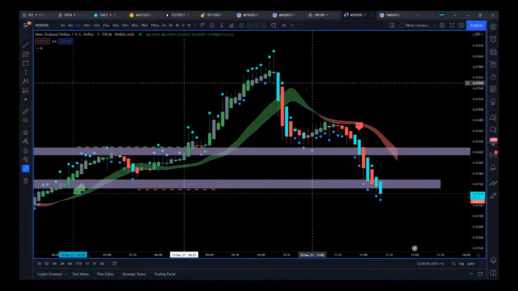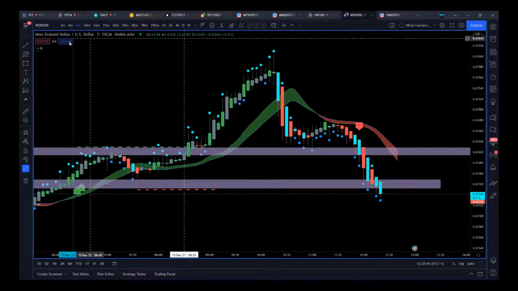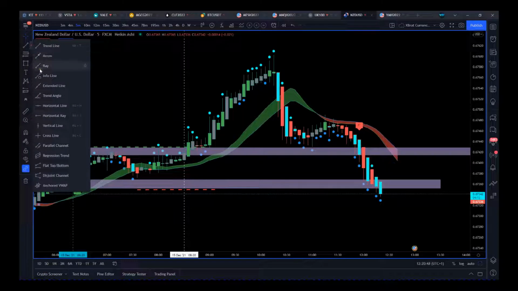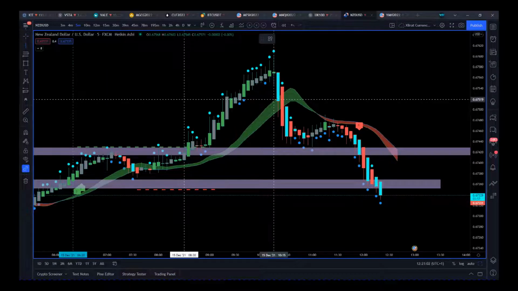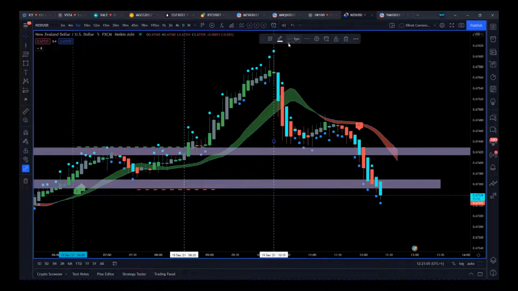Now, once we get to this point here, I'm going to put another vertical line on here, because when I'm looking at this, I'm not just looking at one chart, I'm looking at 3 charts. I'm looking at the 3, the 5 and the 10, sometimes the 1 as well. So I'm just going to put another vertical line on this candle here, because this is important to me as well.